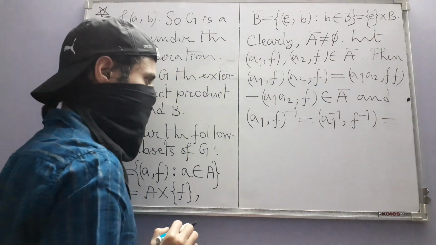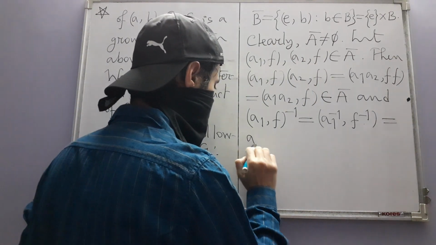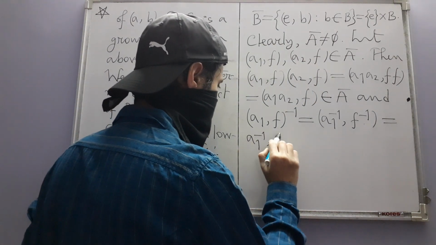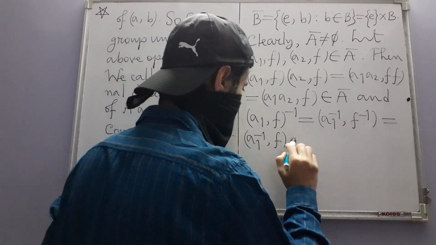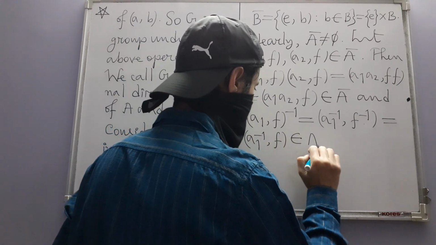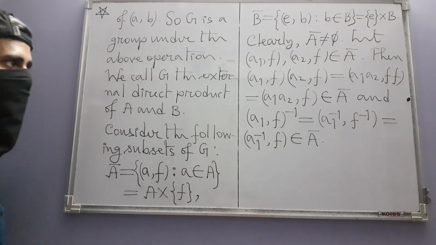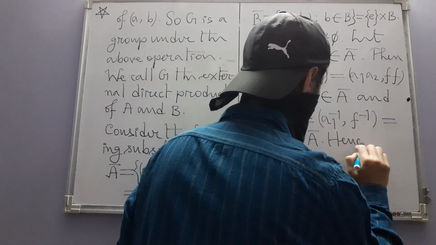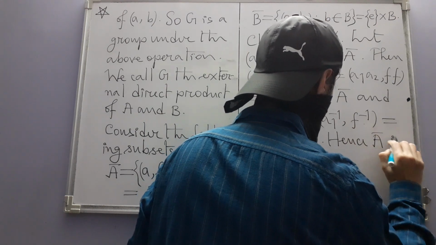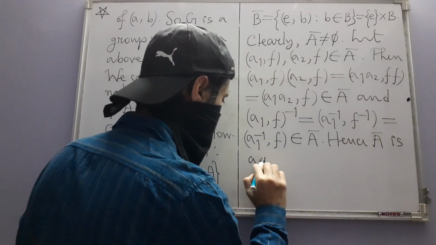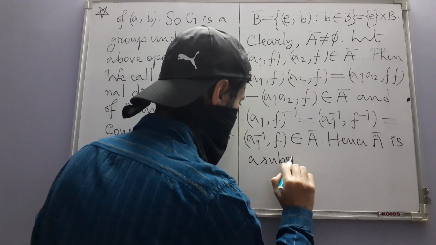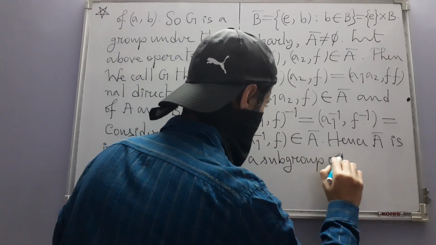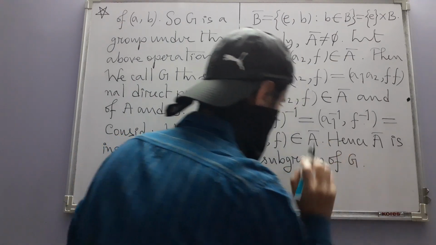Since F is the identity element in capital B, this is (A1 inverse, F). But then again it has that same form, so it belongs to A bar. Hence, this is a subgroup of G.